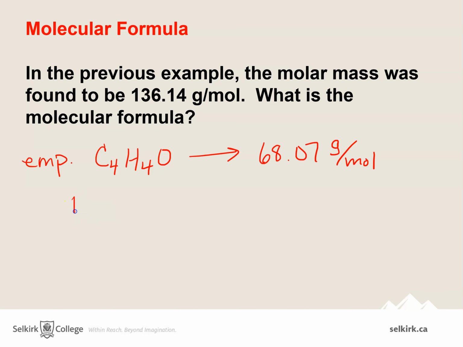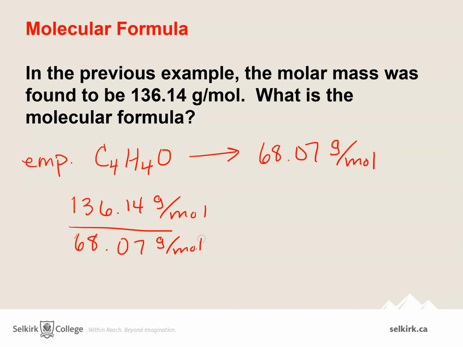I'm going to take the true molar mass, which is the bigger number, and divide it by the molar mass calculated from the empirical formula. Tap that into my calculator. And to the 4 significant figures that I'm allowed, that is 2.000. Indeed, exactly double, as I thought.